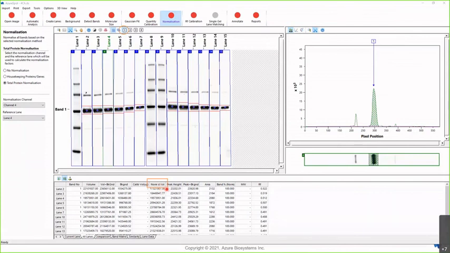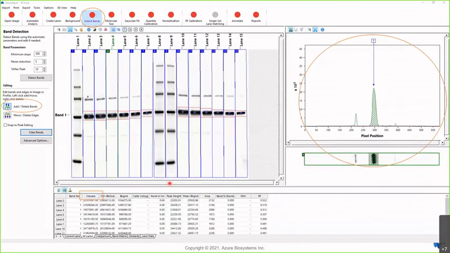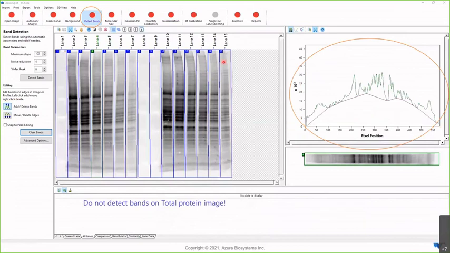For ImageJ, it is the same principle where you detect the signals and get the raw volume. But for the total protein stain image, you have to remember to draw a box covering the whole lane and get the signals of all the peaks after background subtraction. This is the background below the purple line.